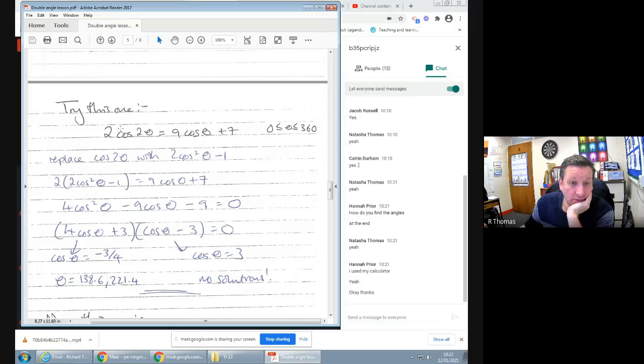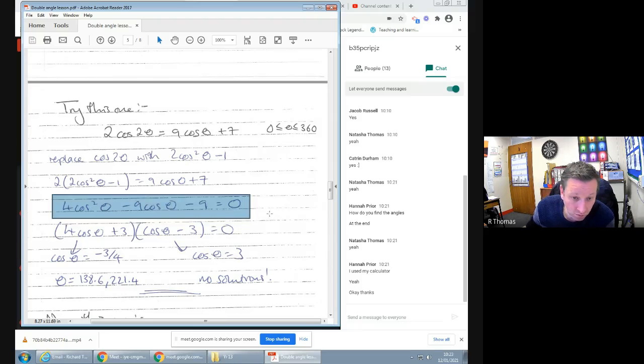I'm not cutting any corners, just write that out again as 2 cos squared theta minus 1, then multiply it by the 2. So there's my 4 cos squared theta. Bring over the 9 cos theta and it becomes a minus. Bring over the 7 and it becomes a minus. So I got minus 2, minus 7, which is minus 9. So there is my quadratic in terms of cos theta.